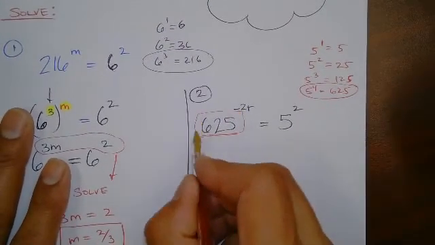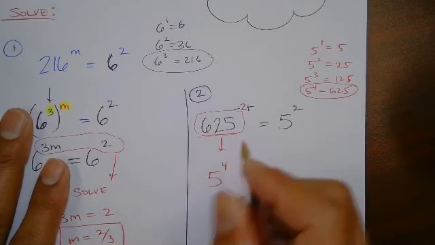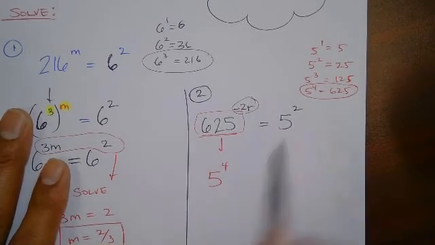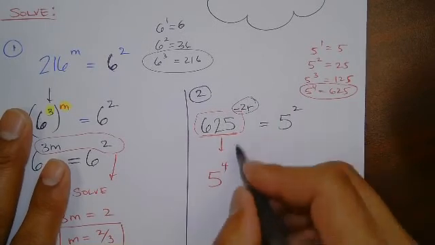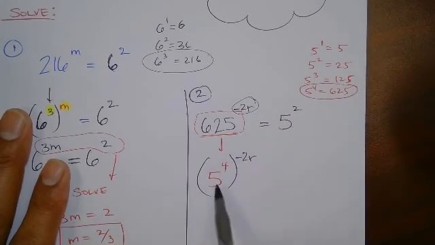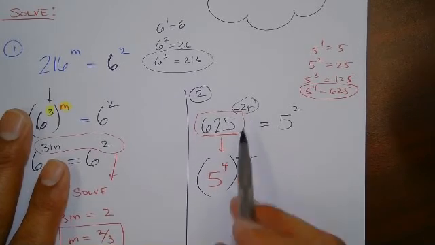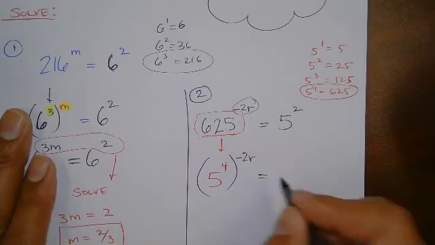So we're going to change this to 5 to the power of 4. But notice we have it already to a power, so we got to put the parentheses. This 625 is 5 to the 4, and it's still raised to this negative 2r right here.